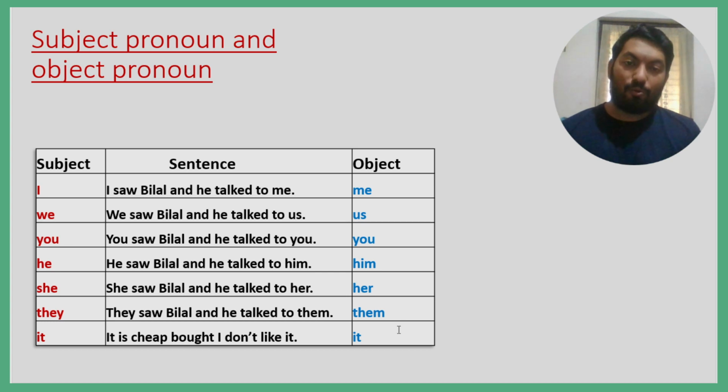So two pronouns do not change in subject and object position. They stay the same. Can you say which two pronouns they are? They are you. You see, they are the same in both positions. You, and it. It also stays the same in both positions.